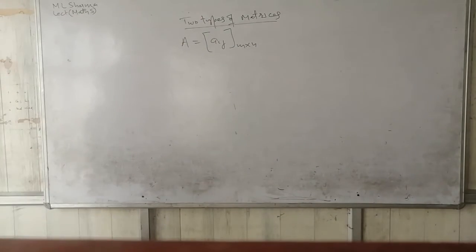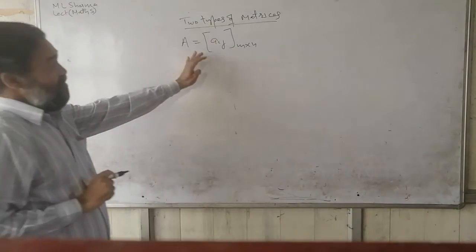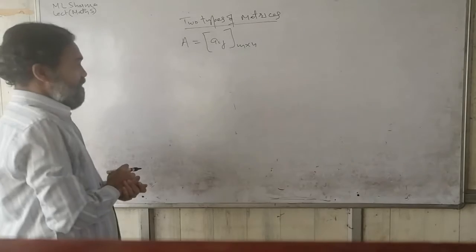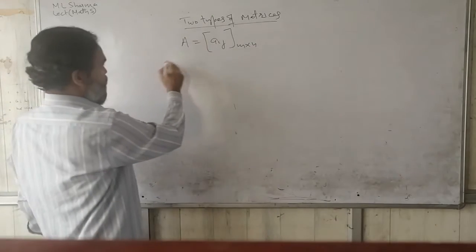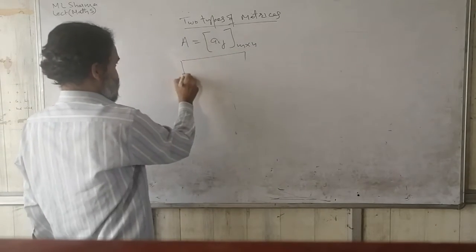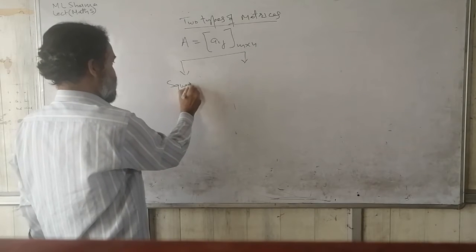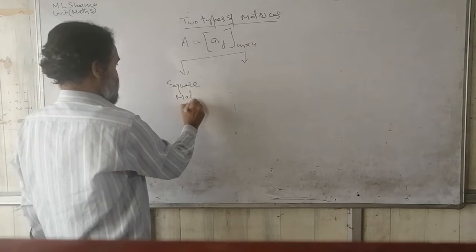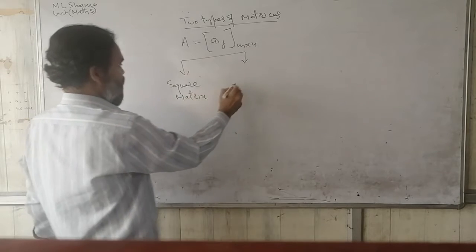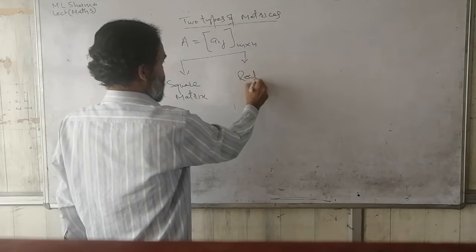So this is a matrix of order m into n. This can be either a square matrix or it can be rectangular.